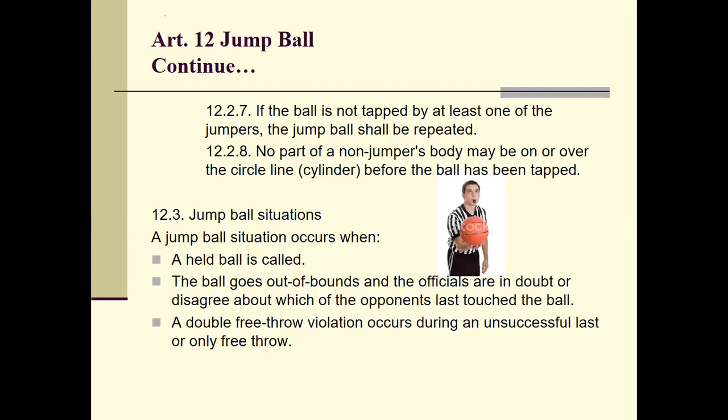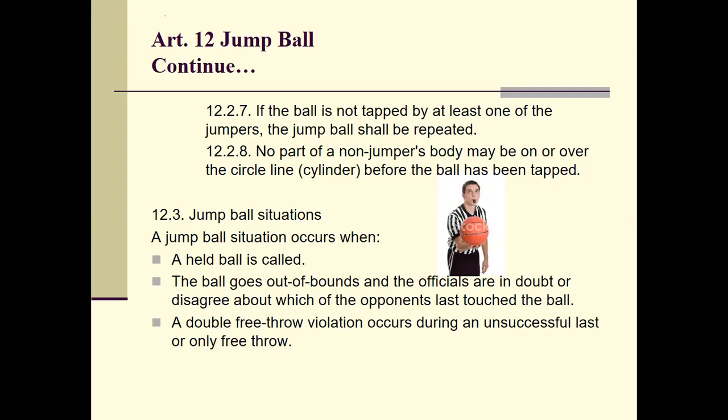So not only when you start the basketball match, but when something occurs during the game and the officials can't determine who was at fault or who touched the ball last before it went out of bounds, then it will usually be restarted with a jump ball, not from the center line, but where the incident occurred.